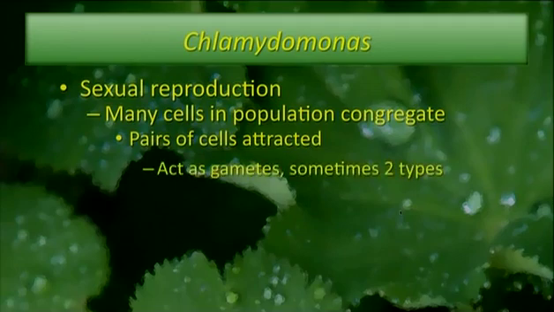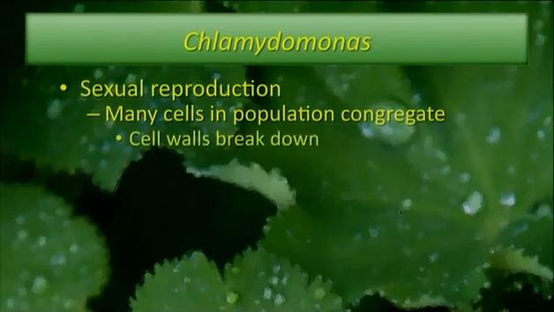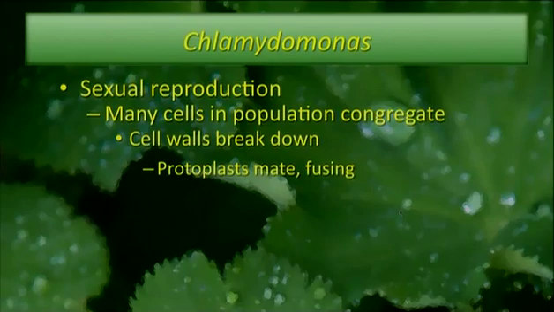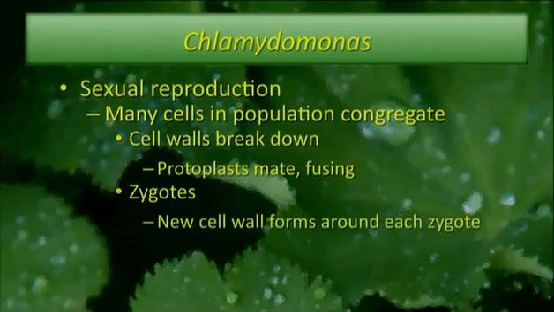Sometimes they have two types, a plus type and a minus type. The cell walls break down. Then the protoplasts mate, fusing, and that forms zygotes. Then a new cell wall forms around each zygote.